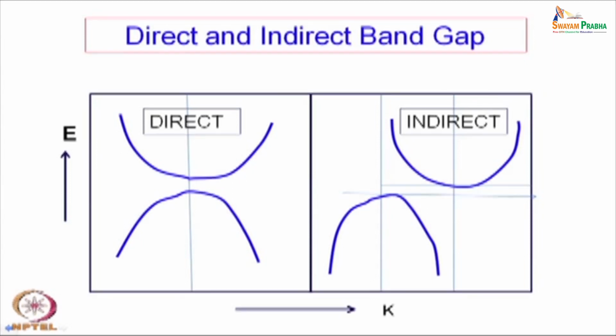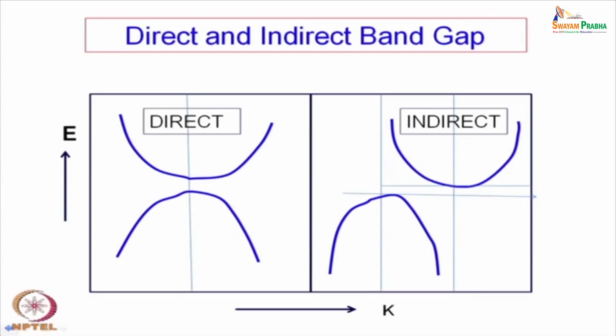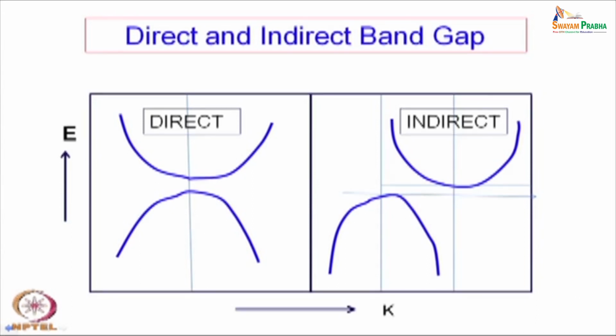Band gap has a very important role in designing microelectronic circuits or semiconductor devices. So, band gap is one of the most important concepts for designing different semiconductor devices, including microelectronics of different kinds, and semiconductor lasers. There are many devices that require the knowledge of band gap.